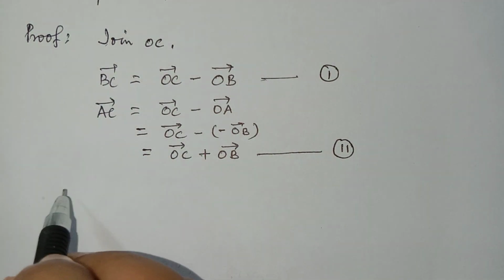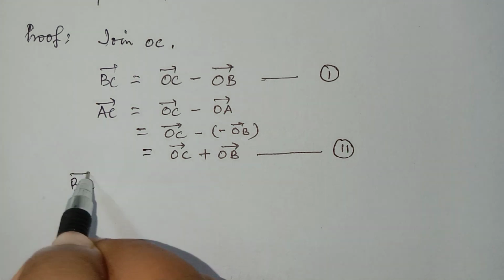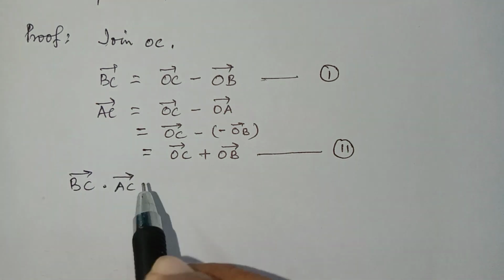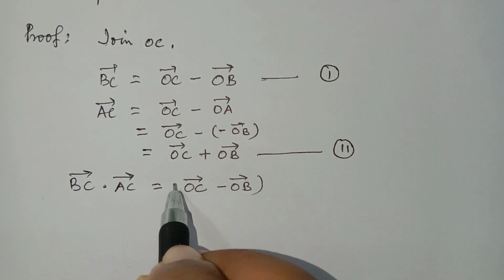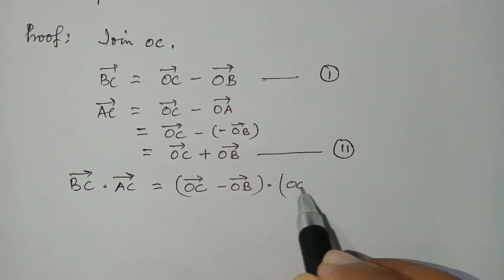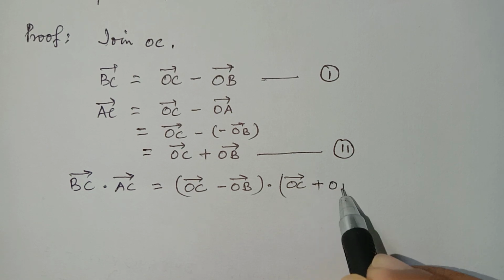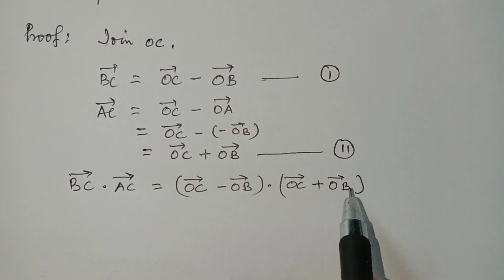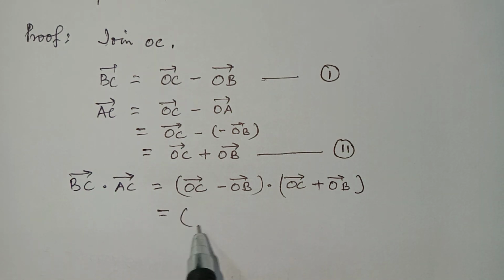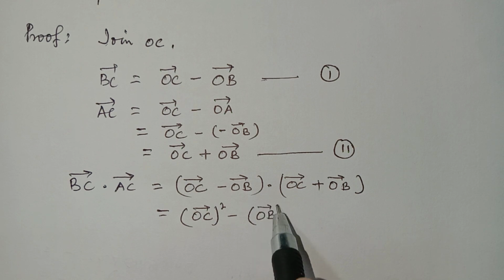Now let's see the dot product of these two. So I have BC vector dot AC vector is equal to OC vector minus OB vector dot OC vector plus OB vector. Now we can see that A minus B times A plus B is equal to A square minus B square. So OC square minus OB square.